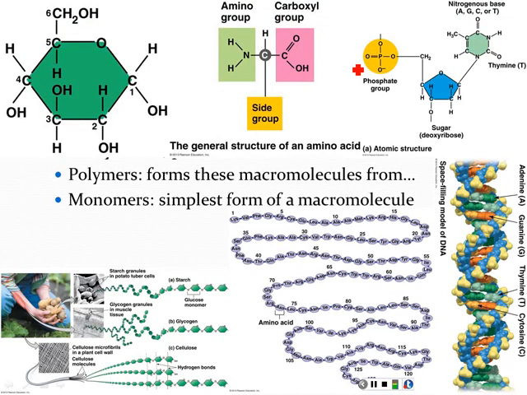Here is an amino acid. So an amino acid is just one of these within this polymer, while the glucose is just one of these in this polymer here. Over here is a nucleotide, and it's going to consist of one part of this nucleic acid. So these are the simplest form monomers.